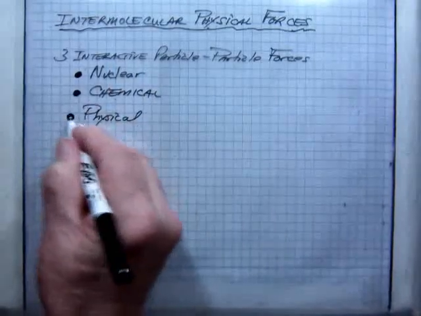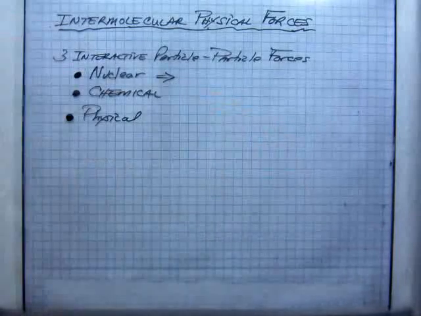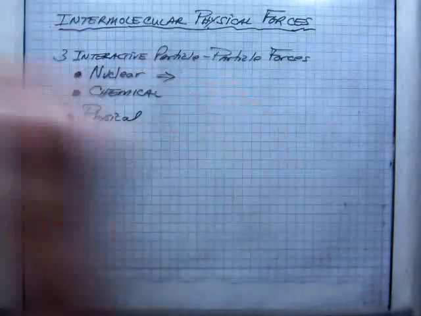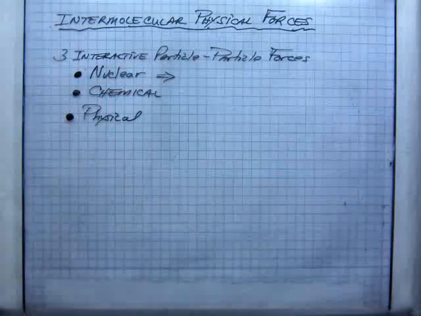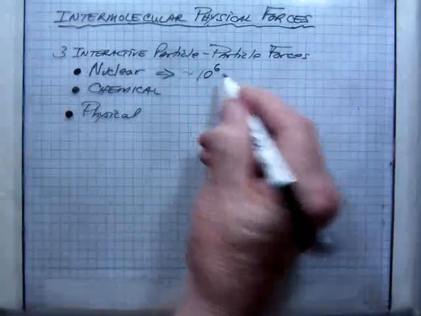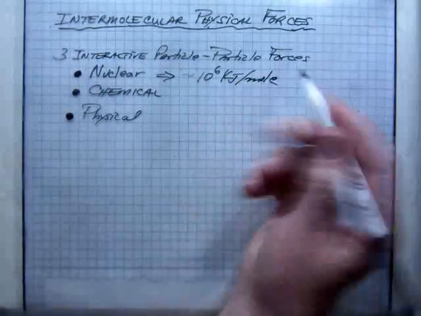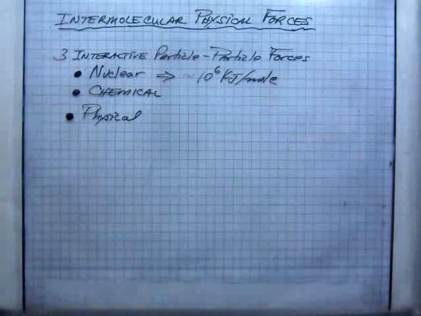Well, if you stick around for some Chem 2, we will certainly look at some of those and how the energy relationships evolve from interaction of nuclear particles. And these are in the order of 10 to the 6 kilojoules per mole, just as a reference number.